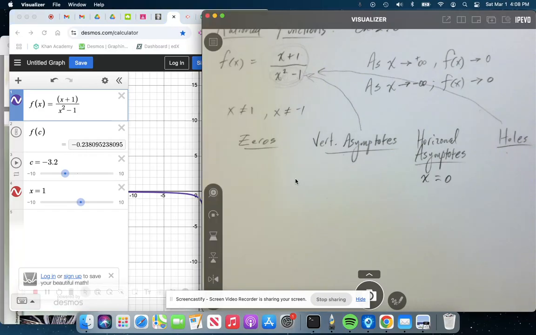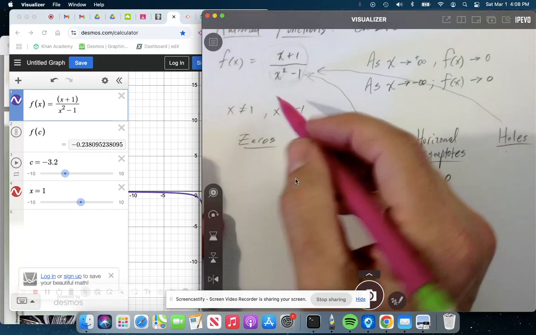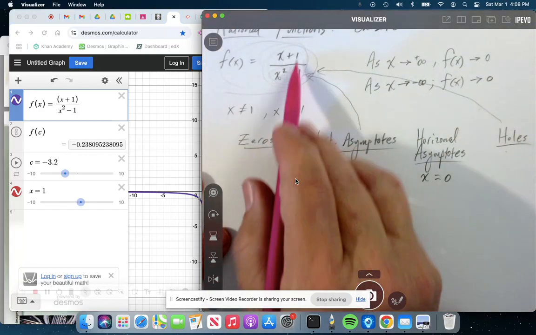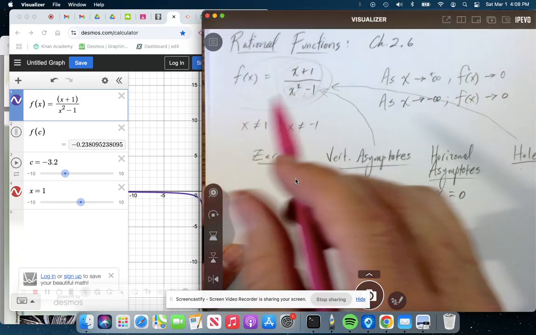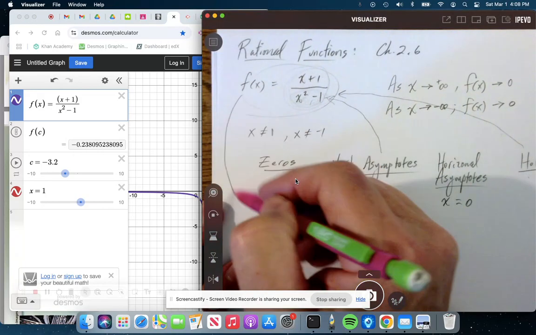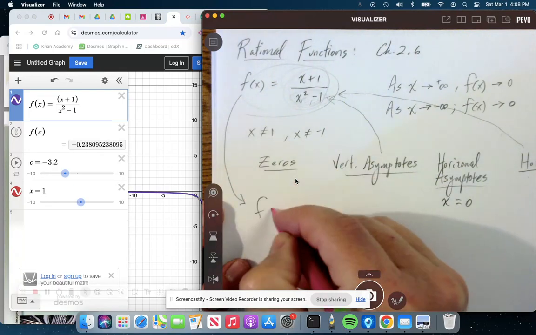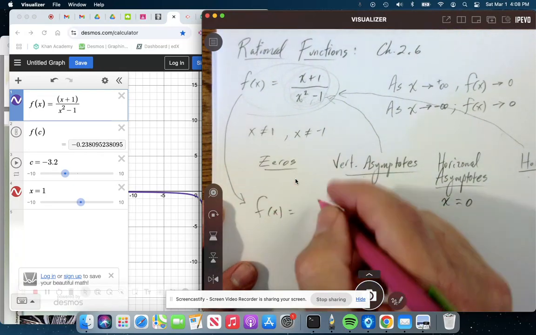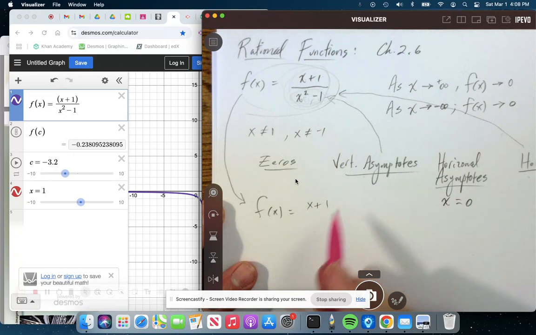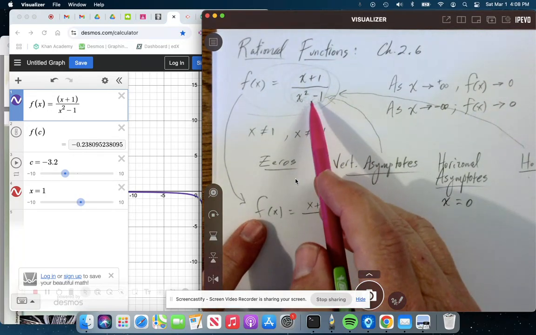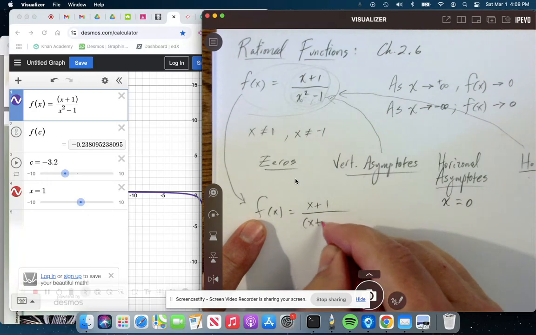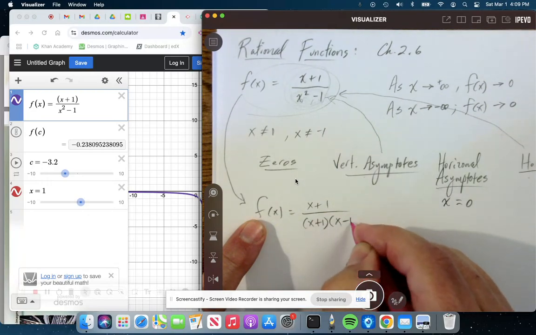How do I know that? Well, the way you figure that out is you want to factor these before you look at them. It just makes them so much easier to read. So I'm going to bring this down, and we're going to rewrite it as f of x equals x plus 1 over, if you remember, x squared minus 1 factors to x plus 1 times x minus 1, right?